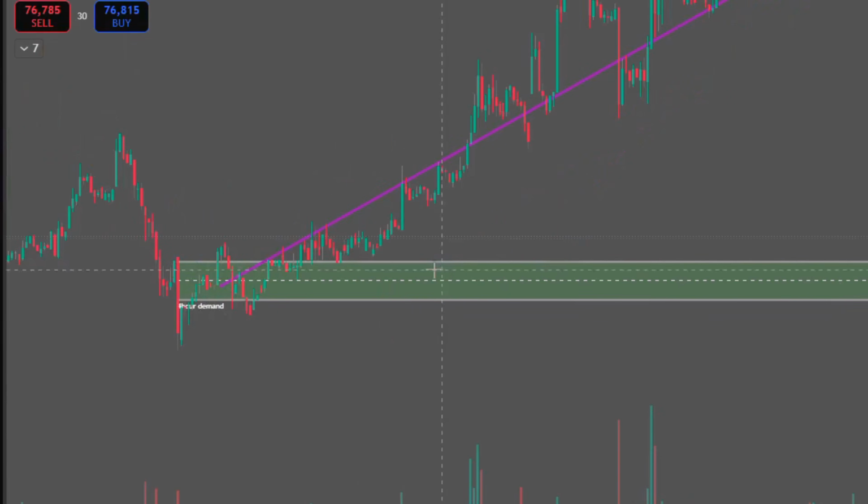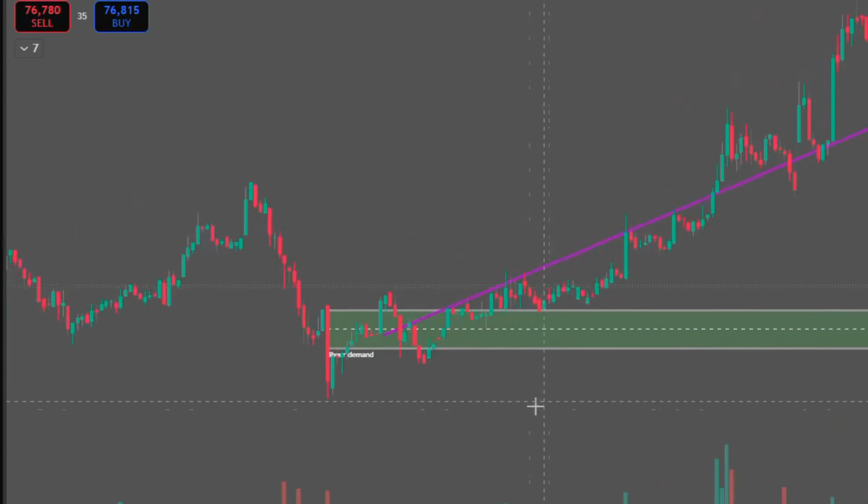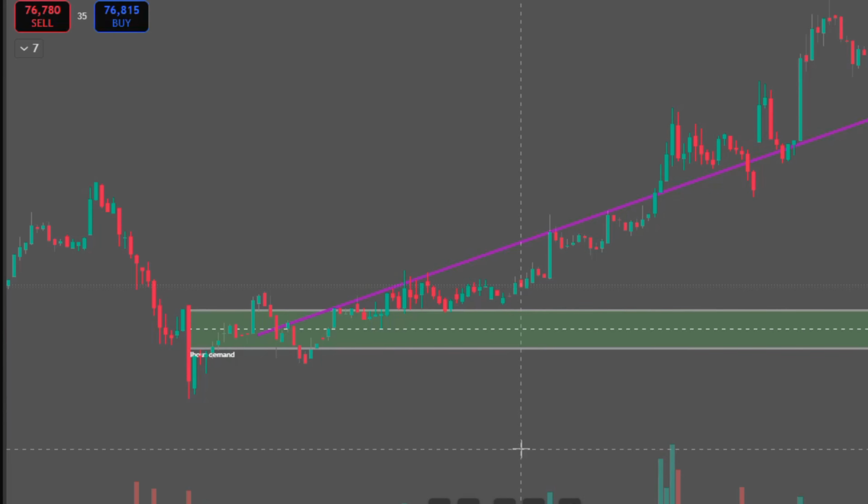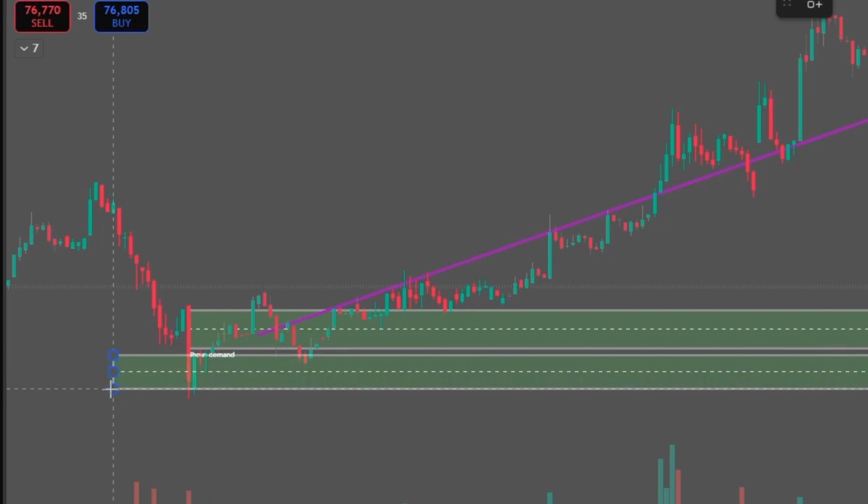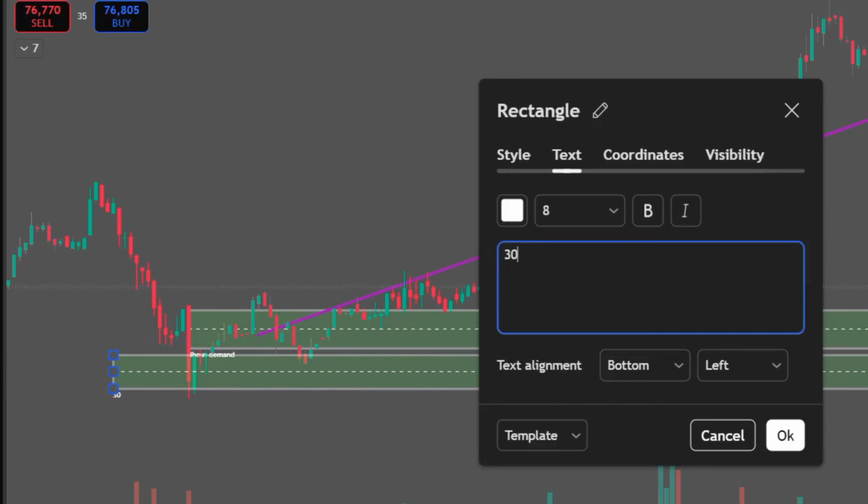And let's see if we can narrow it down a little bit more. Maybe we're going to include these little candles down here, or maybe even here, because, yeah, let's include this one. The top of the candle body to the bottom, and I'm going to label this 30 minutes.